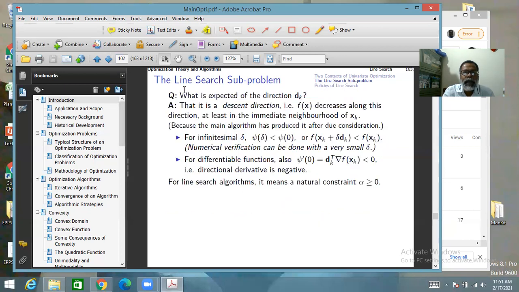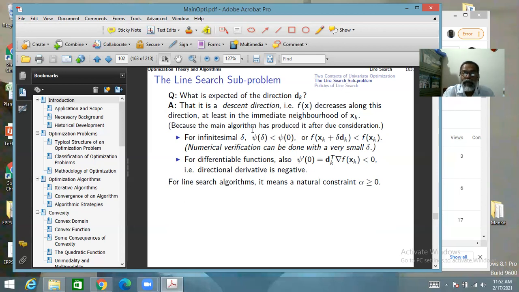Since we have got this direction dk from the main algorithm, we expect that it is a descent direction. That is, f(x) decreases along this direction, at least in the immediate neighborhood of xk. And this is something which you have to keep in mind, that descent direction doesn't mean that all the way it goes on decreasing. Right at this point it decreases.